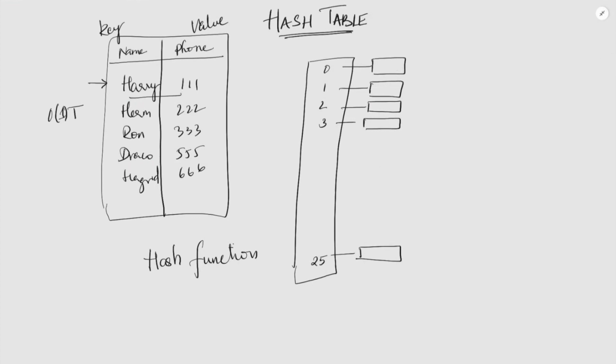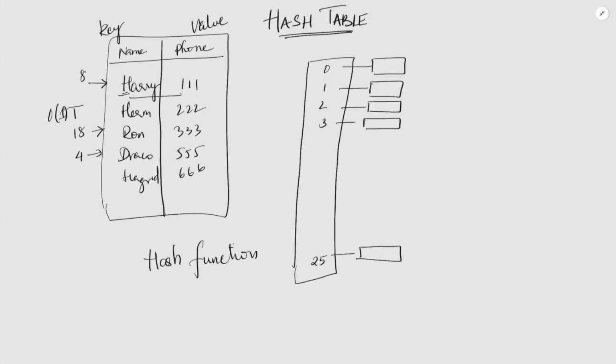In our case, let's consider that our hash function takes the first letter in the name and maps it to the corresponding number among the 26 letters. So H is 8th in the series of alphabets and D is 4th and R is 18th.